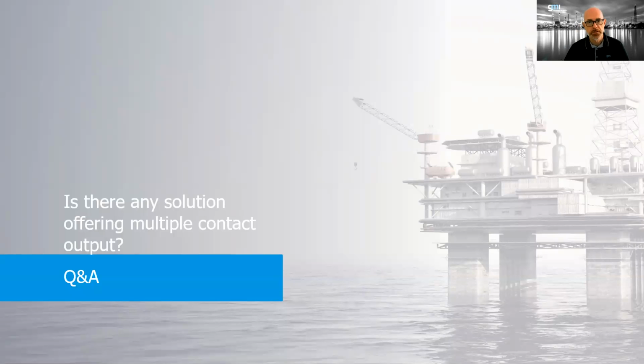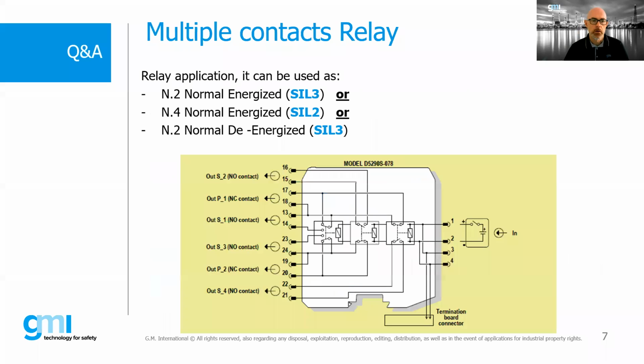Another question: is there any solution offering multiple contact outputs? Well, there are solutions that provide multiple output contacts controlled by a single input. These multiple outputs allow us to have multiple loads connected and driven simultaneously. An example, in the slide, is the D5290S078.